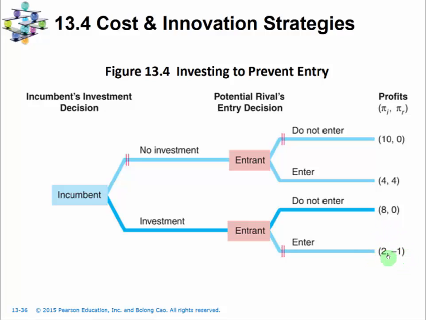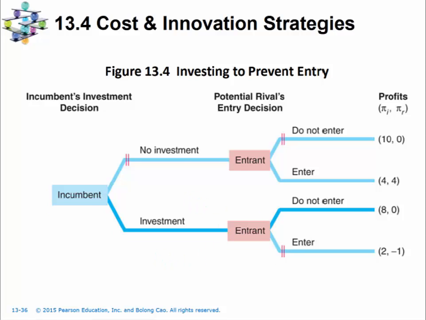The incumbent is not much better off because of the lower price it has to accept on the large output quantity. However, the incumbent will not lose money because the robots help to lower the marginal cost. So the incumbent makes 2 instead of the 4 with the investment on the robots after the rival enters into this market.